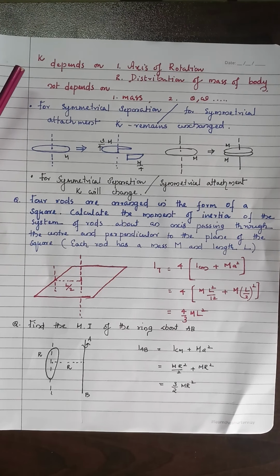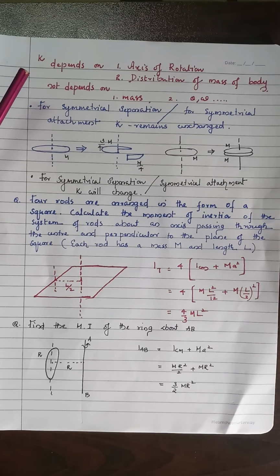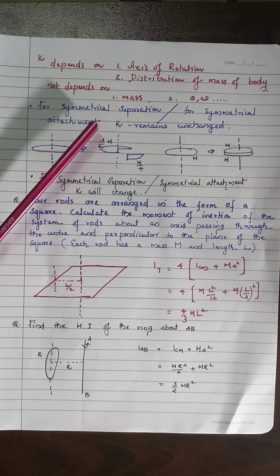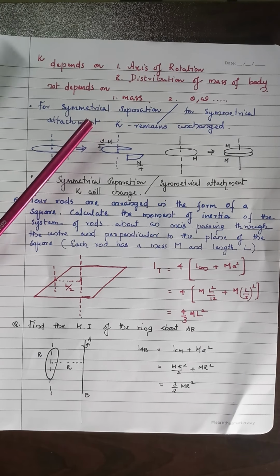The radius of gyration depends upon the axis of rotation and the distribution of mass, but does not depend upon the mass, the angular displacement, or the angular velocity. And keep in mind, for symmetrical separation, for symmetrical attachment, K remains unchanged.